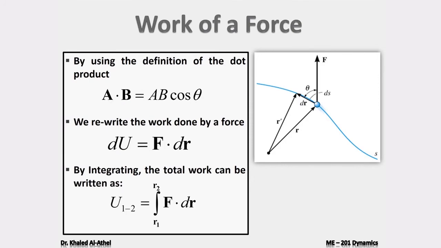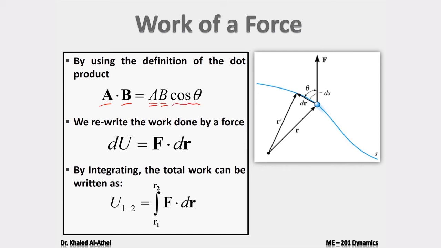So, going a little bit into the mathematical definition to make it clear, mathematically, if you have two vectors, A and B, then the definition of the dot product is basically magnitude of A multiplied by magnitude of B multiplied by cosine the angle between them.